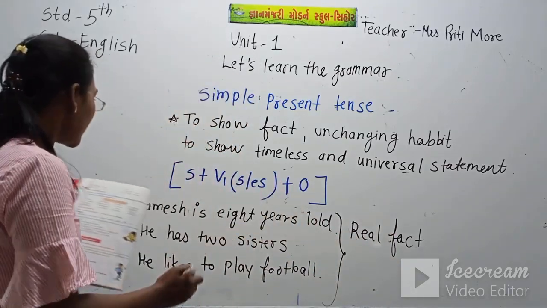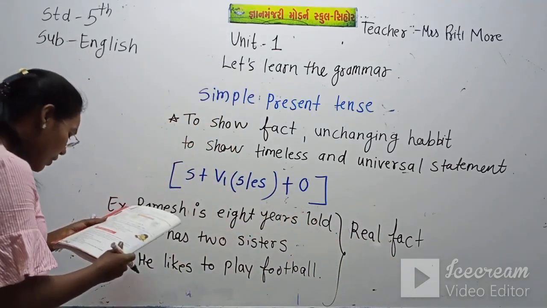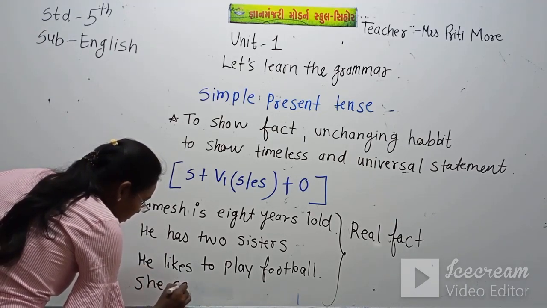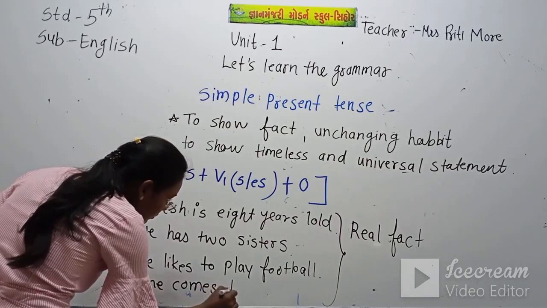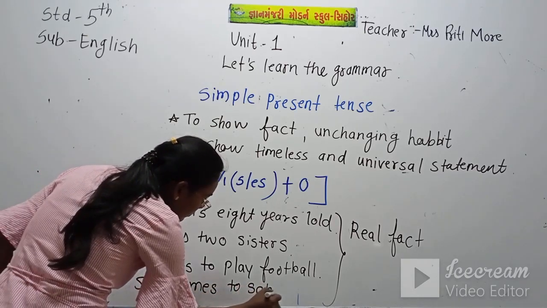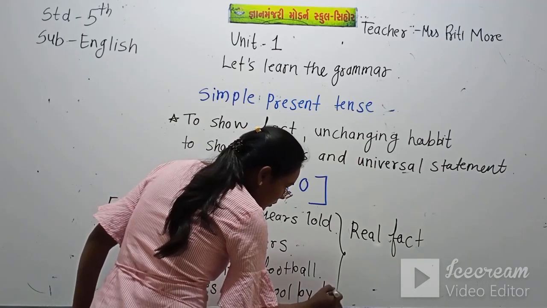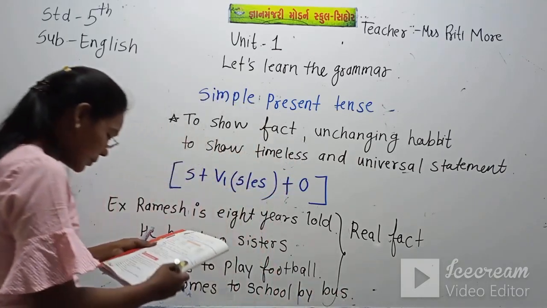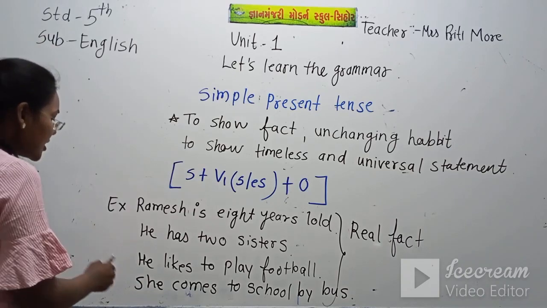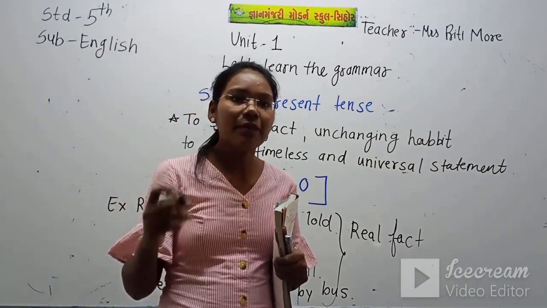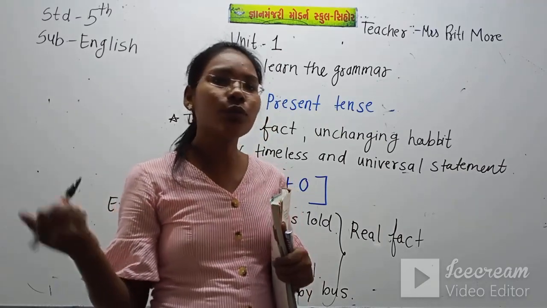So here also one sentence will come: she comes to school by bus. So this is also a real fact, she comes to school by bus, and by bus only she goes back home.